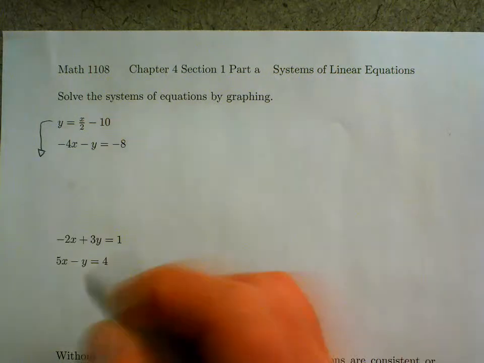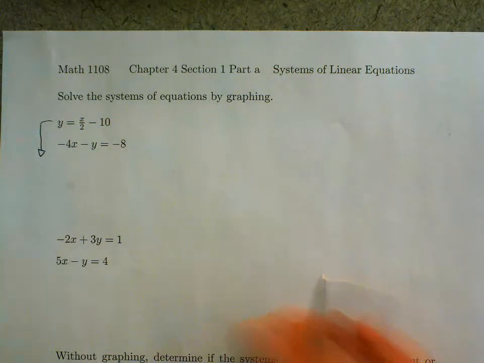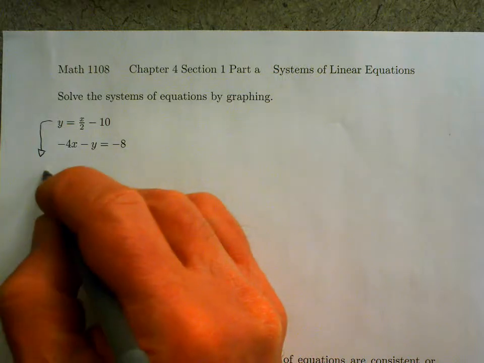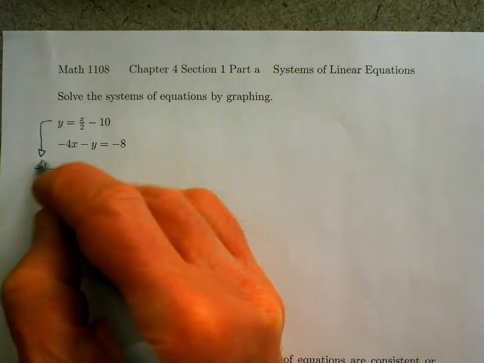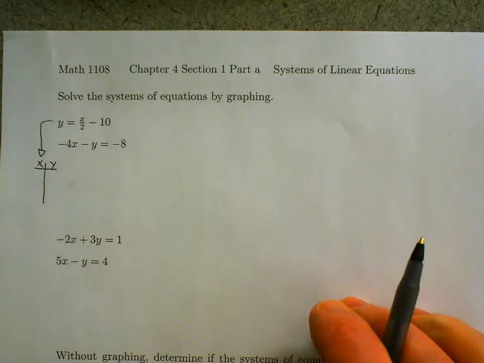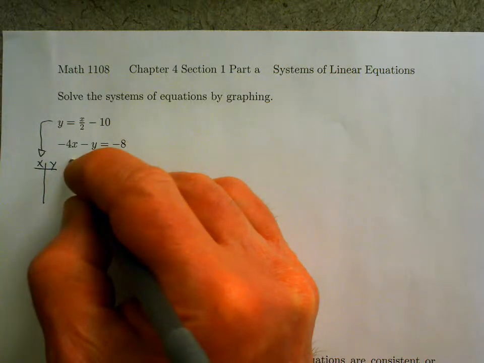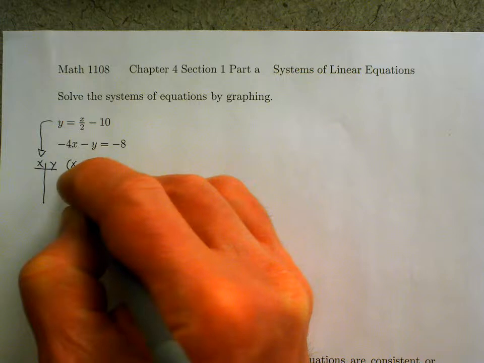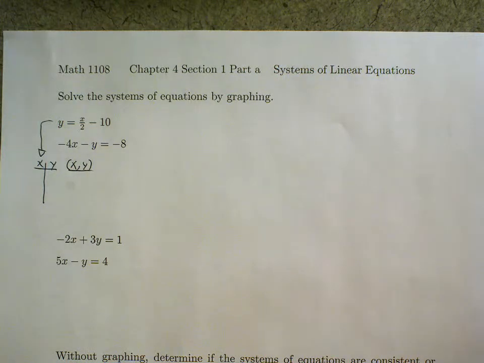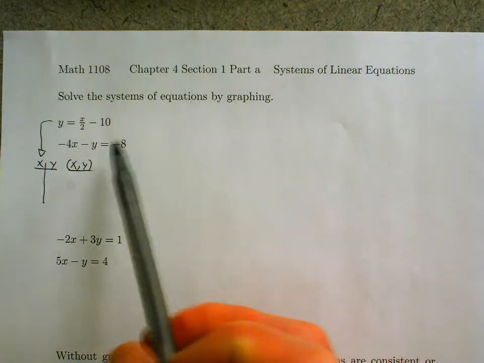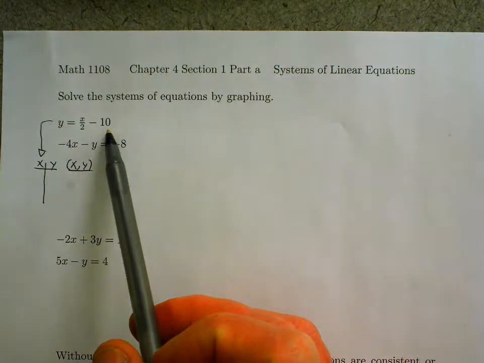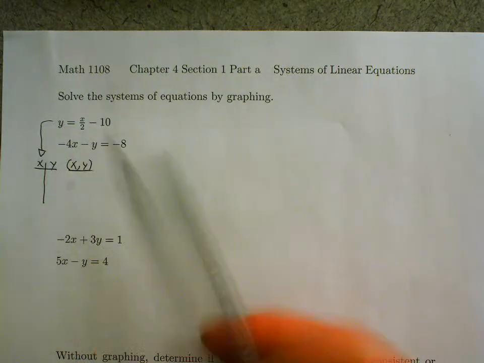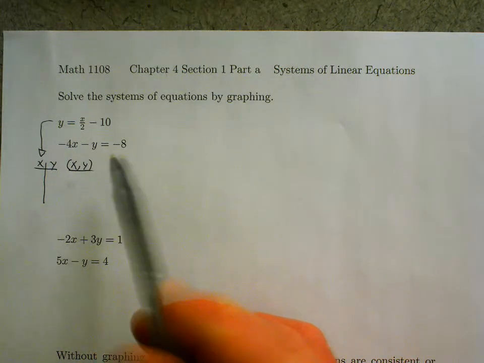So let's find a couple of ordered pairs for the top equation. Well, I would like to avoid numbers that are too big so that they're easier to plot.